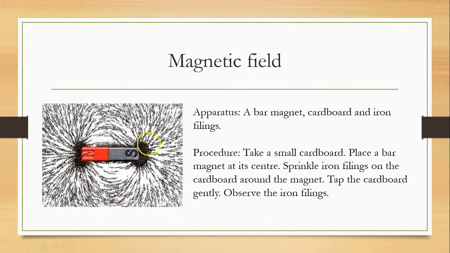Wherever more lines are shown, the magnetic field is stronger in that area. So in these places, where more lines were shown, the magnetic field is stronger, whereas in this part and this part, it is weaker.